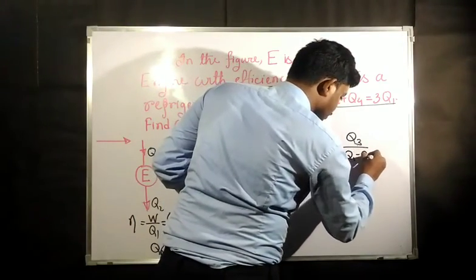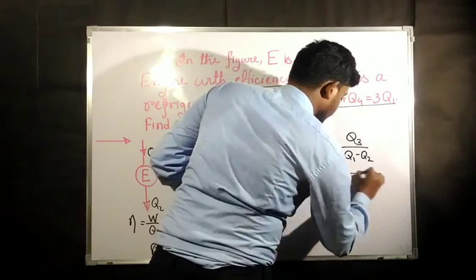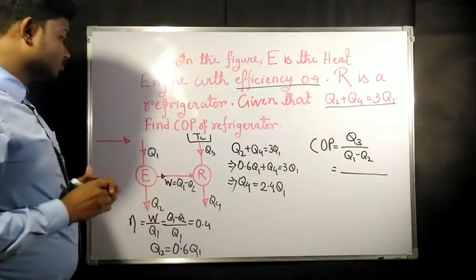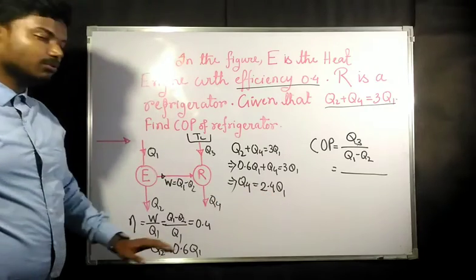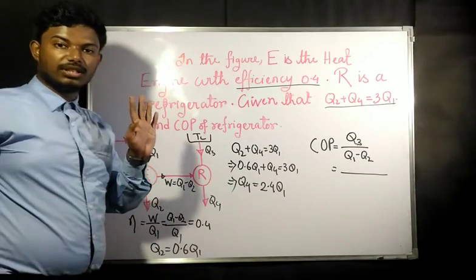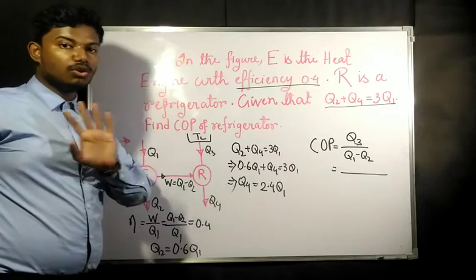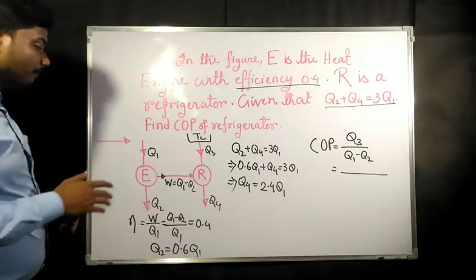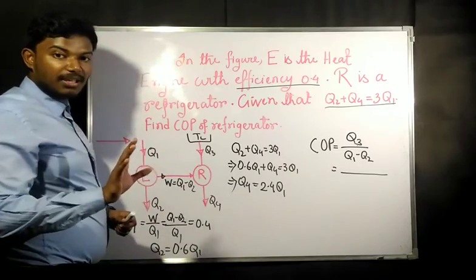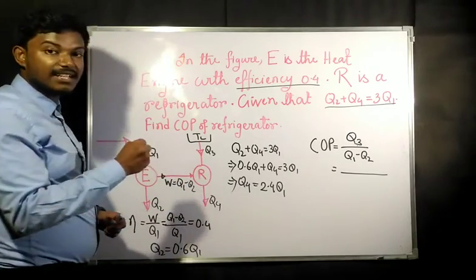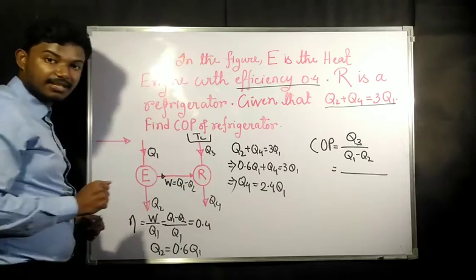Now we have found out the relation between Q4 and Q1, Q2 and Q1. We do not know anything about Q3, but we know that for this refrigeration also the first law is applicable. That means total heat interaction is going to be equal to total work interaction.